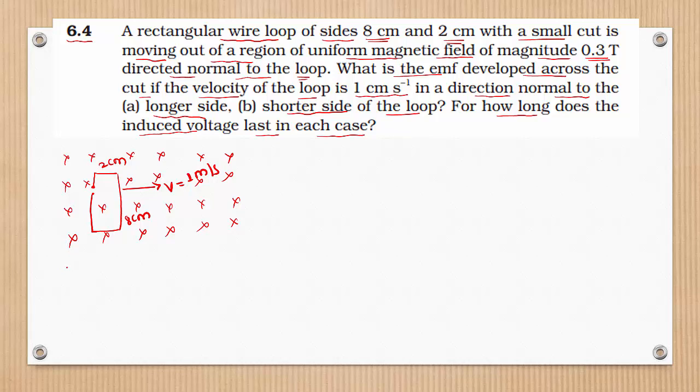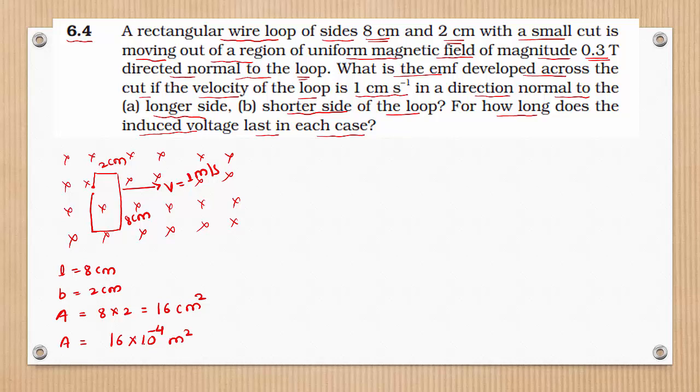Length and breadth are given as 8 cm and 2 cm. We can take length as 8 cm, breadth as 2 cm. What is the value of area? Area will be length into breadth, 8 into 2, that will be 16 cm square, or you can write in terms of meter square, that is 16 into 10 raised to minus 4 meter square.